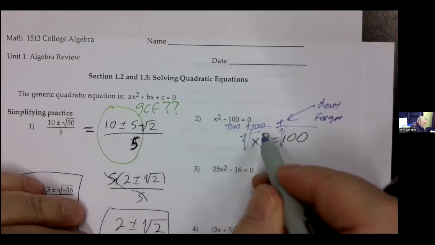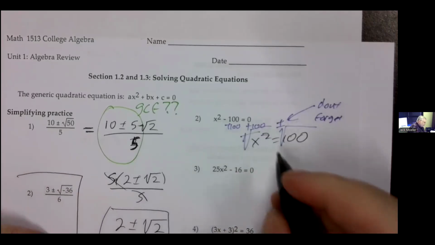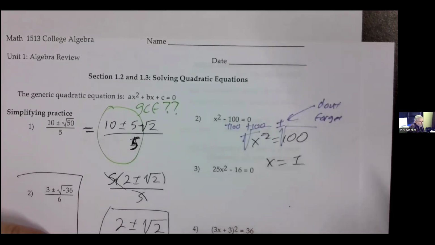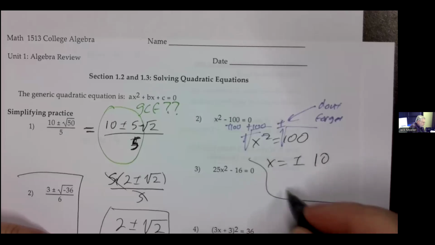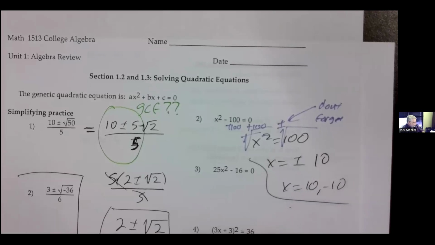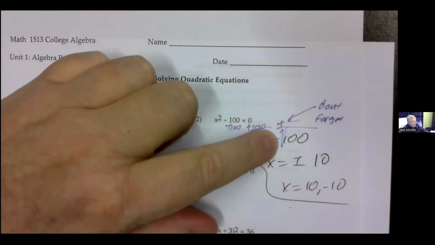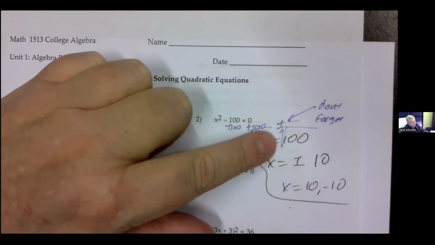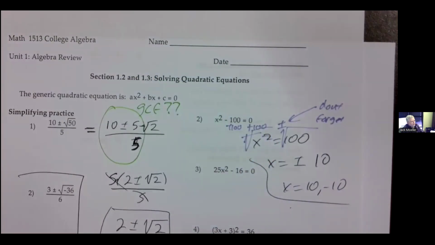So square root and squared cancel out, and we're left with x equals plus or minus the square root of 100. Well, that's just 10, but then you have two answers: x equals 10 and negative 10. If this was not a perfect square, like that square root of 50 we dealt with earlier, then you do have to simplify it as you would any radical.